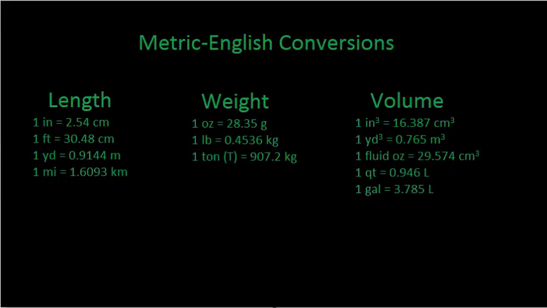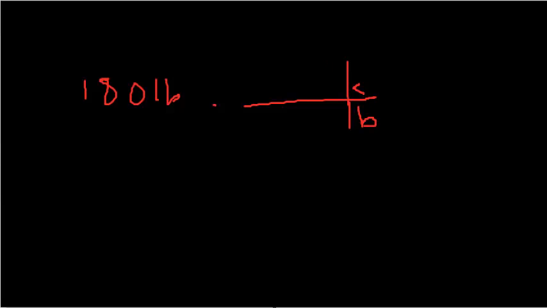We have our comparisons here, inches to centimeters. We'll set up our ratios using these, and then we can use those ratios to convert from one unit to another. So if I weigh 180 pounds and I want to convert this into kilograms, I'm going to multiply by the ratio. My pounds go on bottom, kilograms on top, and then I fill in the numbers for each according to that ratio.